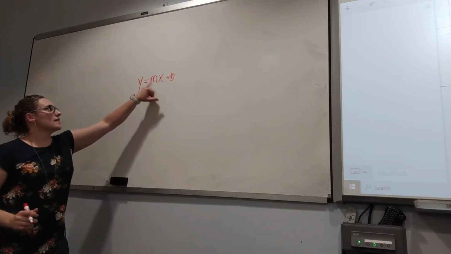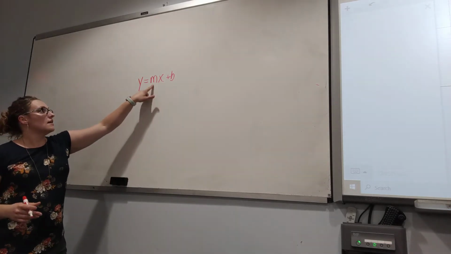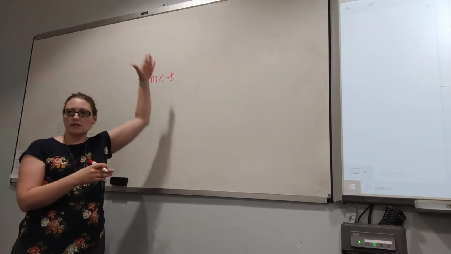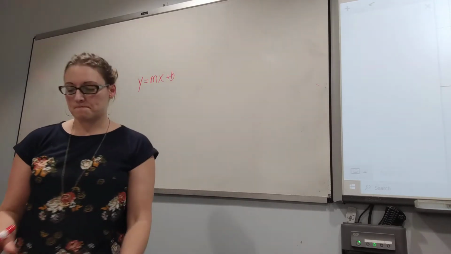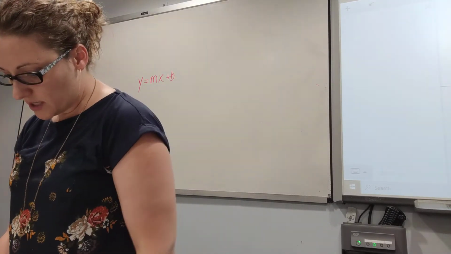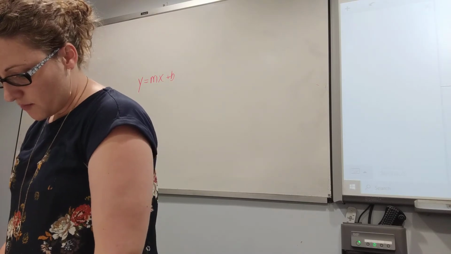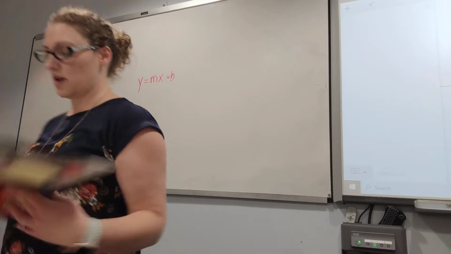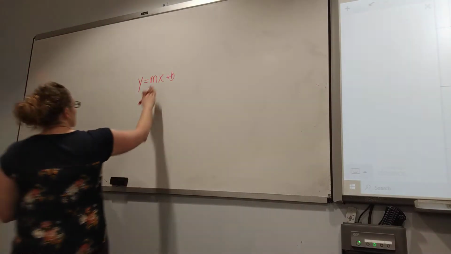As you know, M is the slope, and b is wherever it crosses on the y-axis. We're going to borrow the slope from the equation in your book and put the slope in.